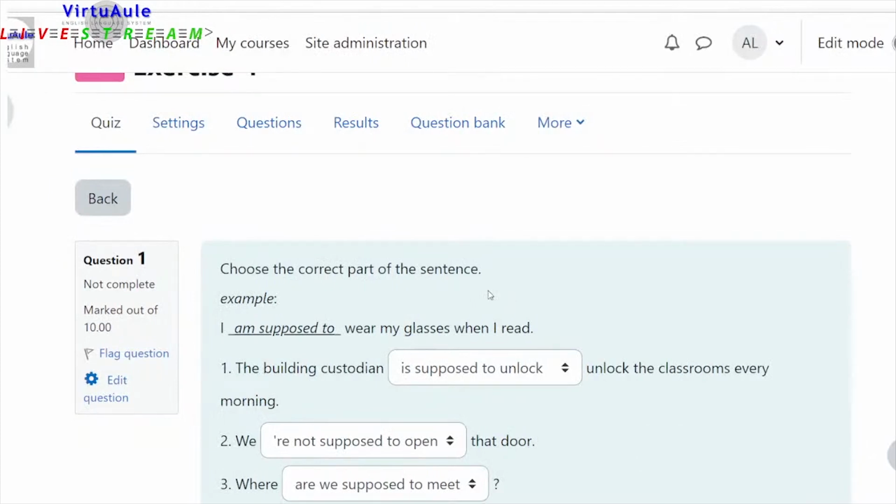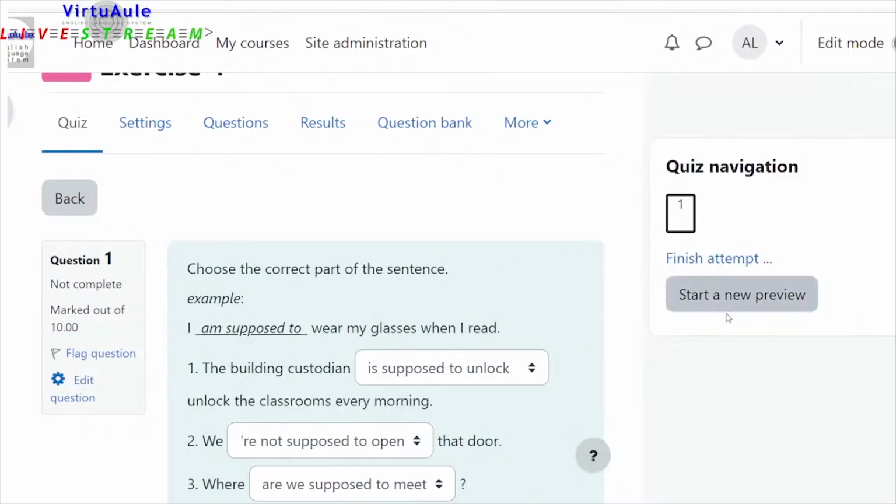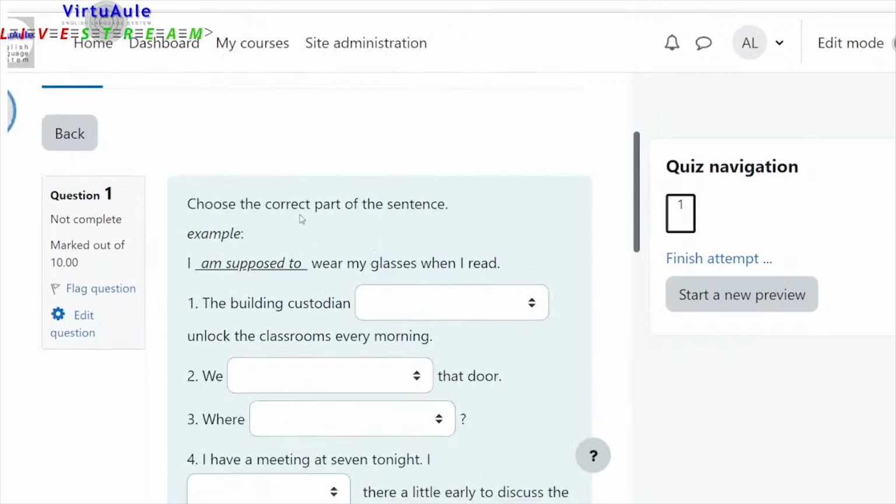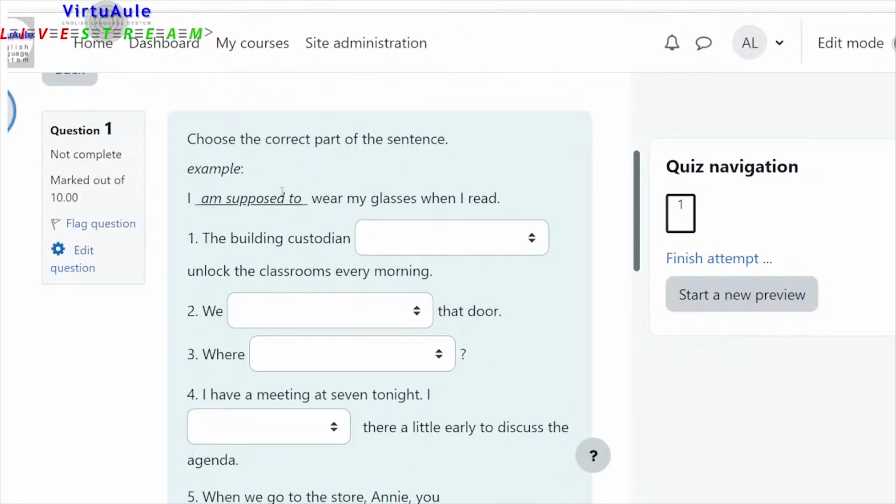So you have a drop down menu, and in this exercise you choose the correct part of a sentence. An example, I am supposed to wear my glasses when I read. Am supposed to is the correct order of the words, so that's the correct answer.